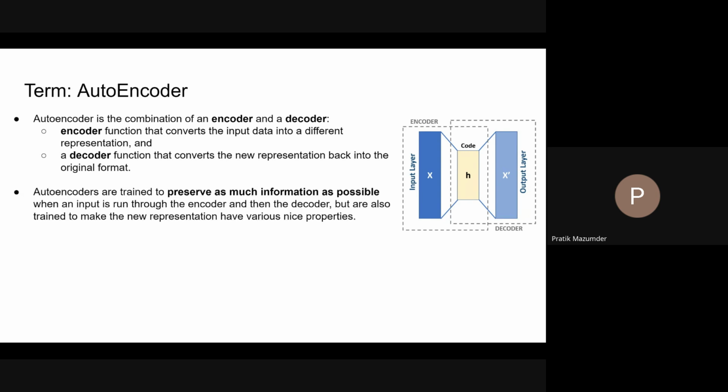The idea is that it has to preserve as much information as possible while performing this autoencoding operation, because if it's not able to preserve information about X, it will not be able to reconstruct X back. That's where we'll be utilizing this concept while training the layers as well. You have different types of autoencoders, and we'll look at one additional type of autoencoder today itself.